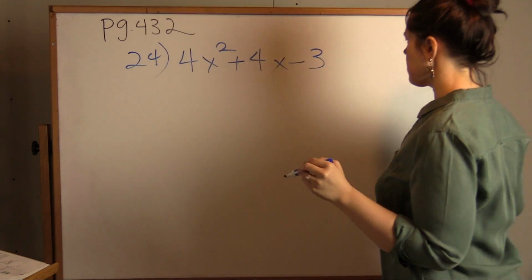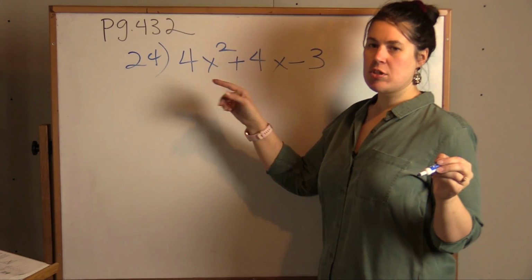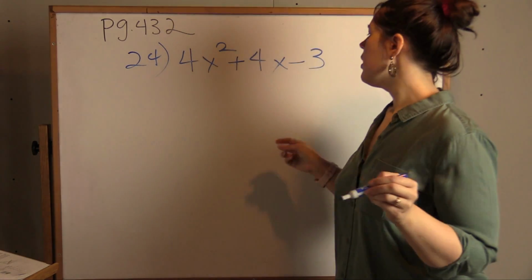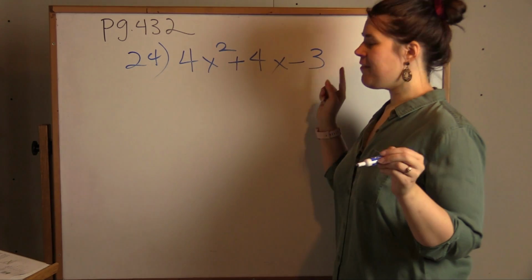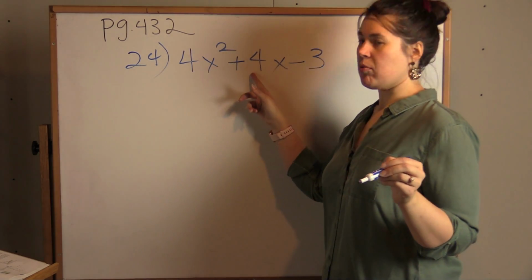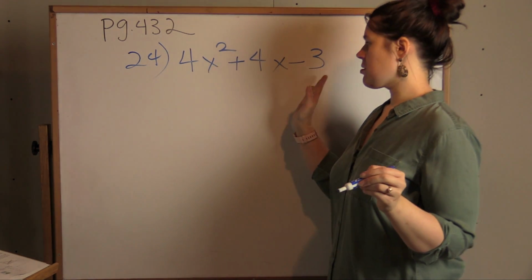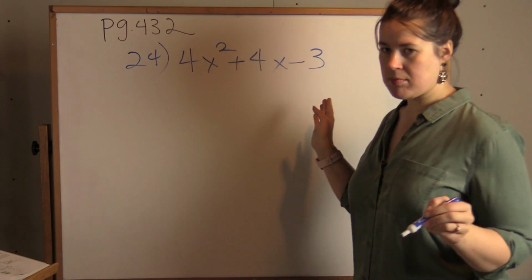So what that means is that we have to use a different rule. Anytime this is larger than 1, what you need to do is find factors of a times b that equal the middle number. So I'm not just looking for factors of 3, I'm looking for factors of 4 times 3.